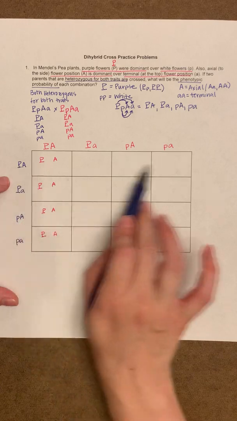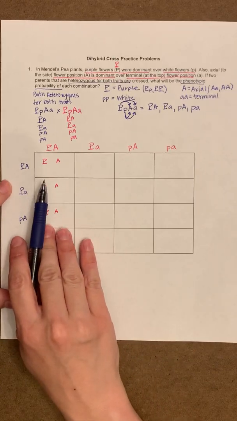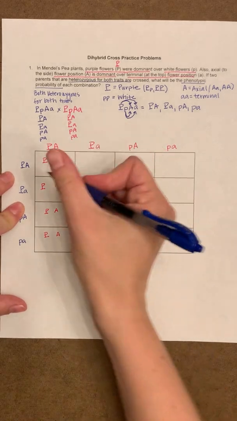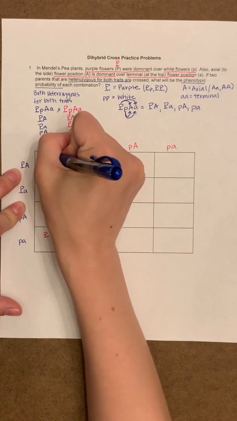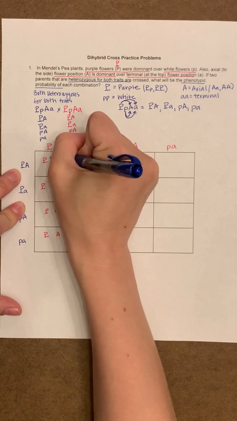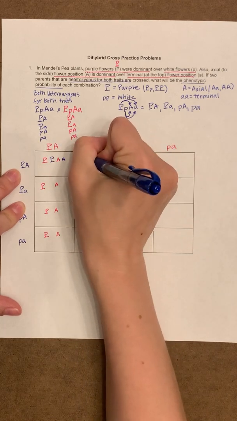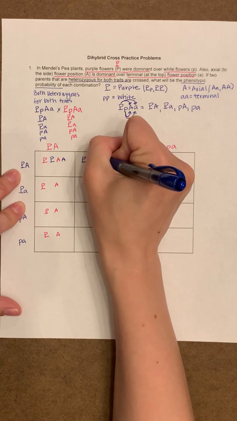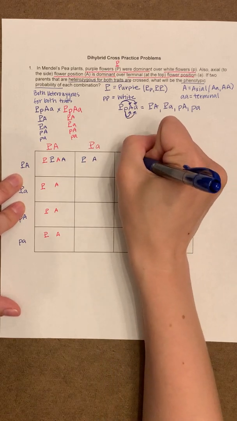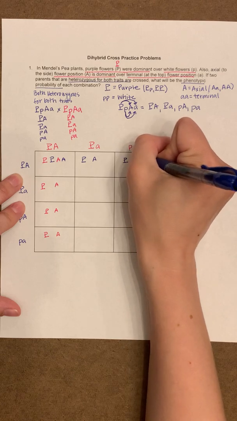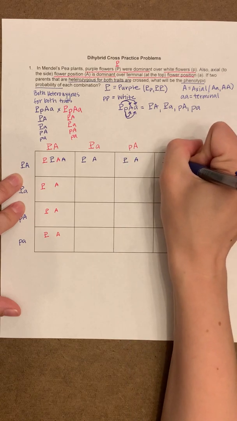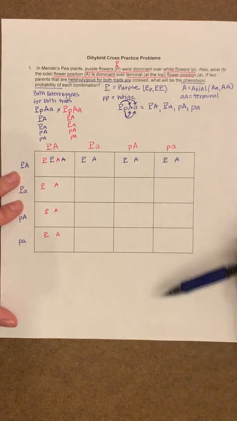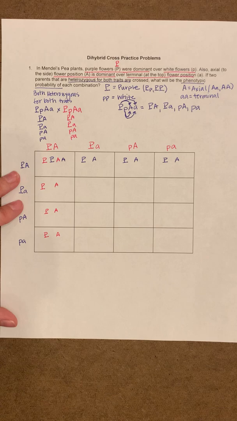Now for an example of how I fill across, I'm going to take my capital P, capital A, capital P, capital A, capital P. And I'm going to do that for all the other alleles as I go.